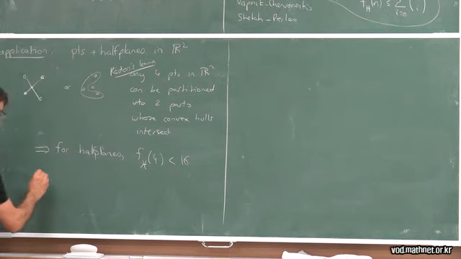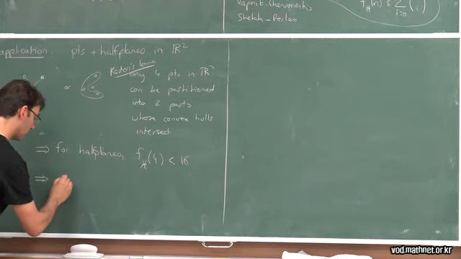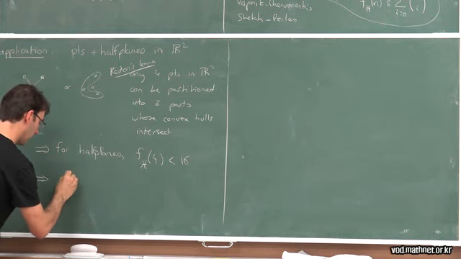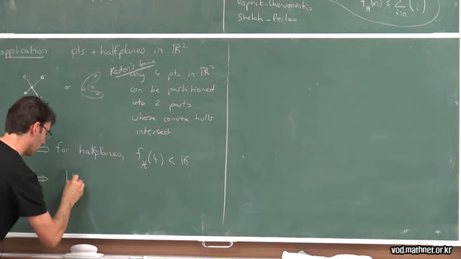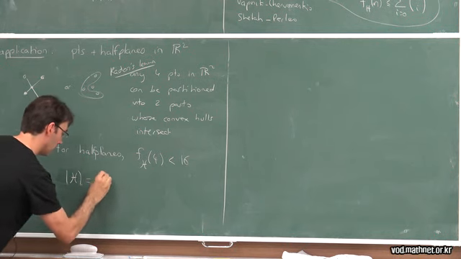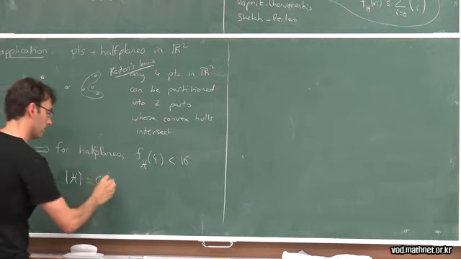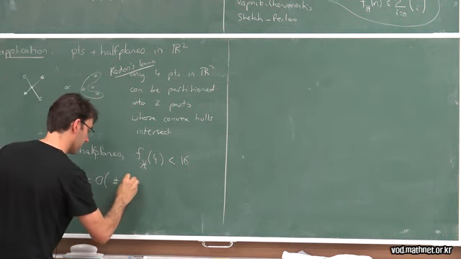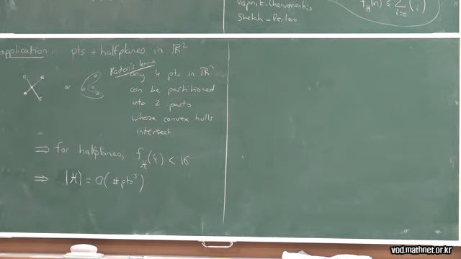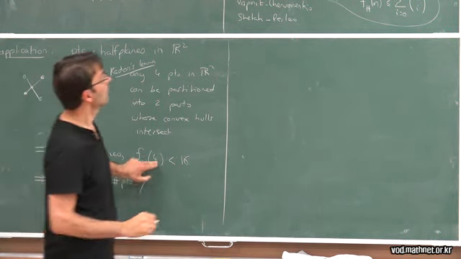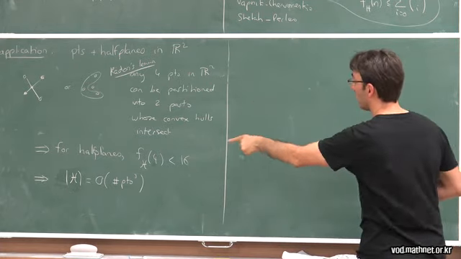Okay, and so with Sauer's lemma, you get that f_H is big O of the number of points to the cube. Because we can apply this with k equal 4.